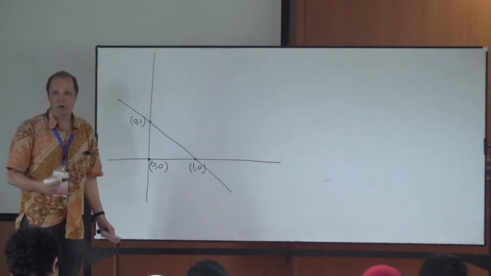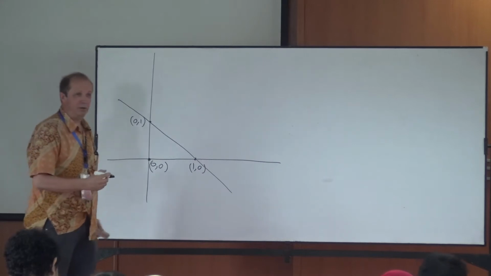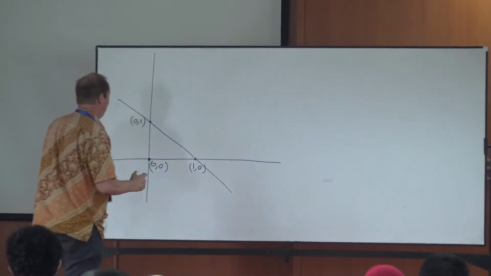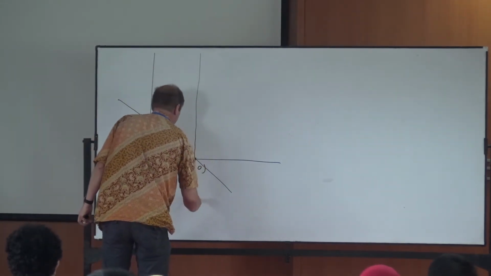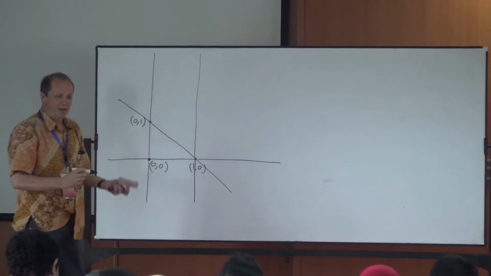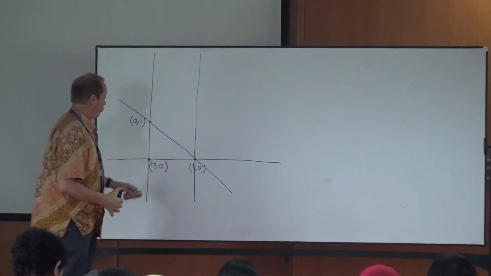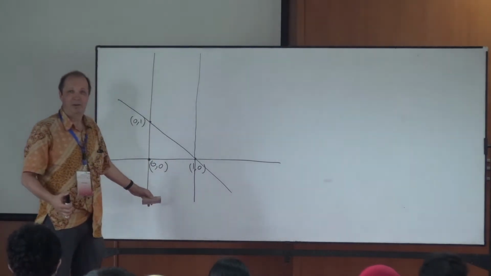But can we find more lines that are mapped to themselves? So here is the crucial step. This is the most important step, I think. Let us look at the vertical line through this point. It is the only line through this point that does not intersect this line because it is parallel to it, right?